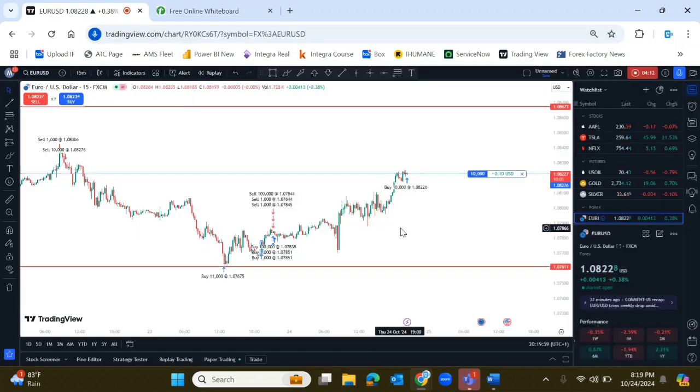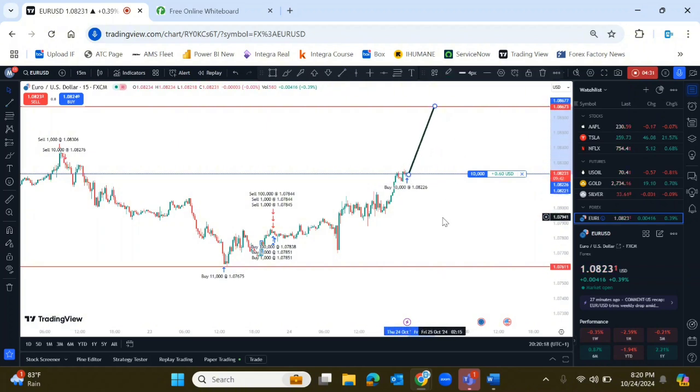So limit orders simply means you are anticipating a price to move towards a particular point and then reverse at the end of the day. So let's say I am anticipating that the price will move up from this current market point, and then it will move up to this point.